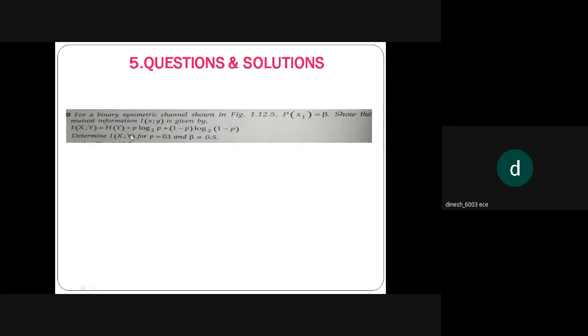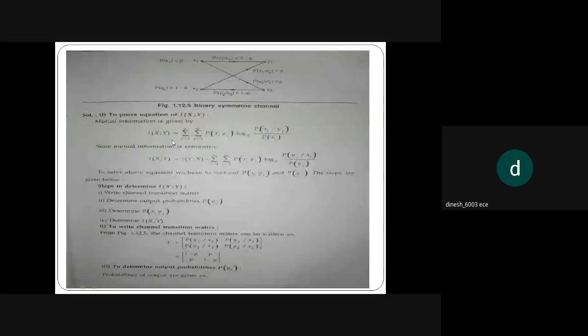This is the equation we have got: H of Y plus p log to the base 2 p plus (1 minus p) log to the base 2 (1 minus p). So this equation is what we have determined here.